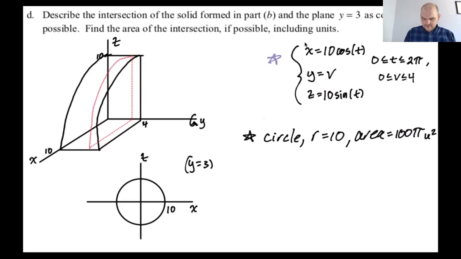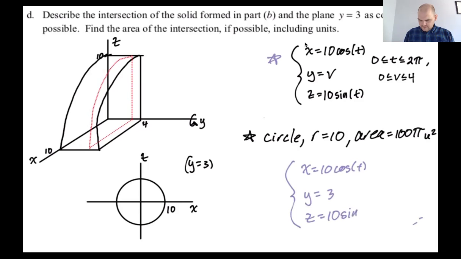I get exactly what I was just talking about. So x is 10 cosine of t. Now y is equal to 3, and z is 10 sine of t. And t can go from 0 to 2 pi.